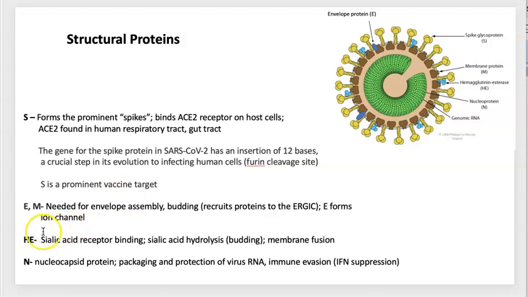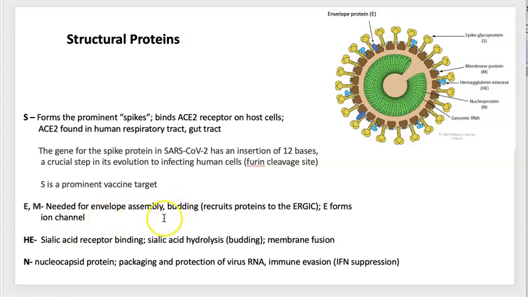The HE, the hemagglutinin esterase, allows for sialic acid receptor binding. And so presumably then, as I'll show you in a subsequent slide, the virus initially can make contact with abundant sialic acid residues on the host cell and then switch from sialic acid binding to protein binding.